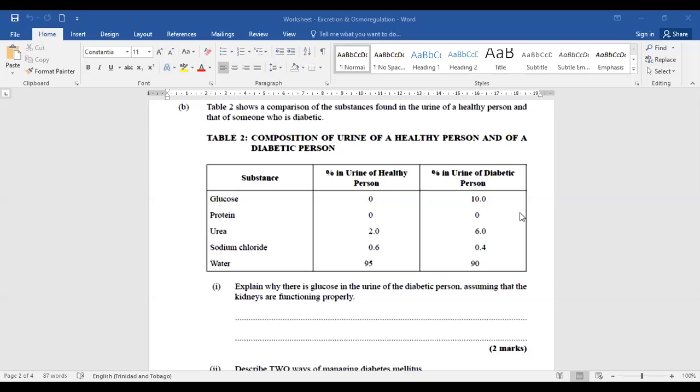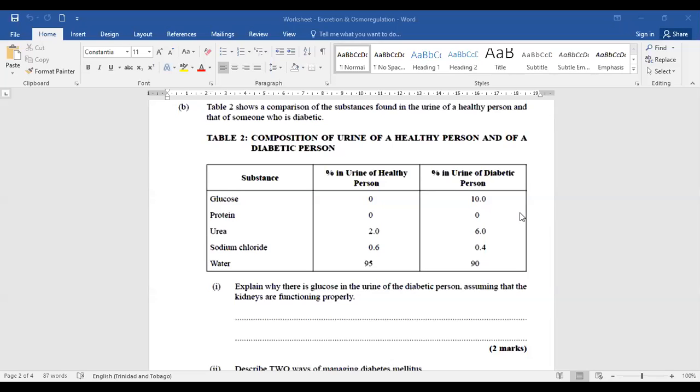Right, so you have excess glucose found in the blood because there would be either insulin resistance or not enough insulin being produced, right? So what does that mean then? Remember, the blood needs glucose.